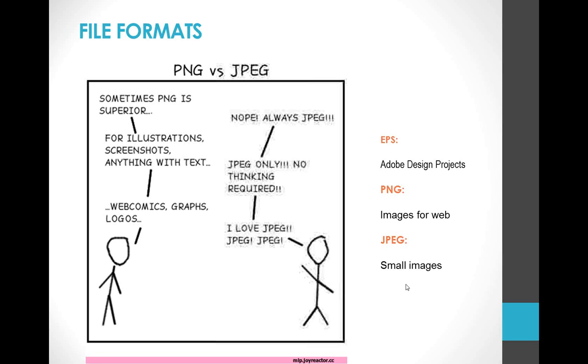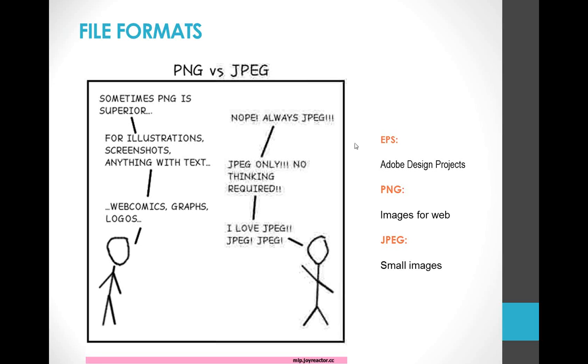JPEGs are generally better if they're smaller images like icons. If you are using EPS, like you're designing a poster through Illustrator or InDesign, you can access this file format and it'll give you the actual colors and the lines, and you can change the lines as well. But we advise you not to do that with the logo.